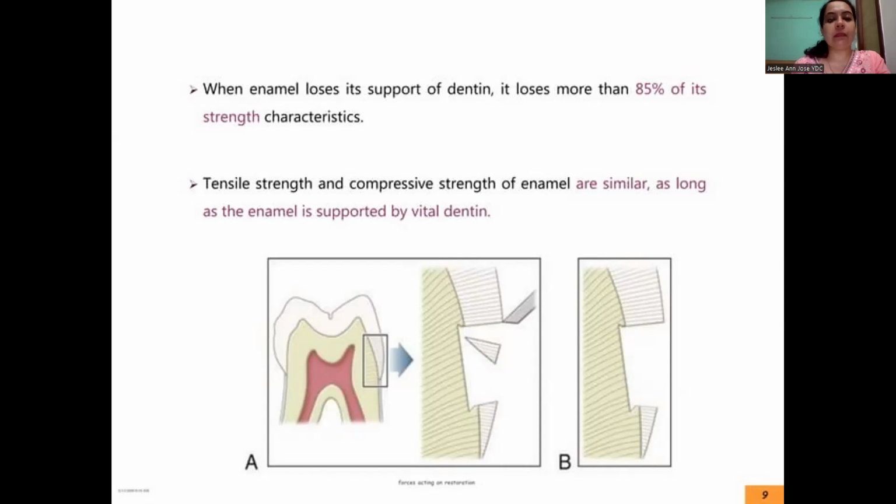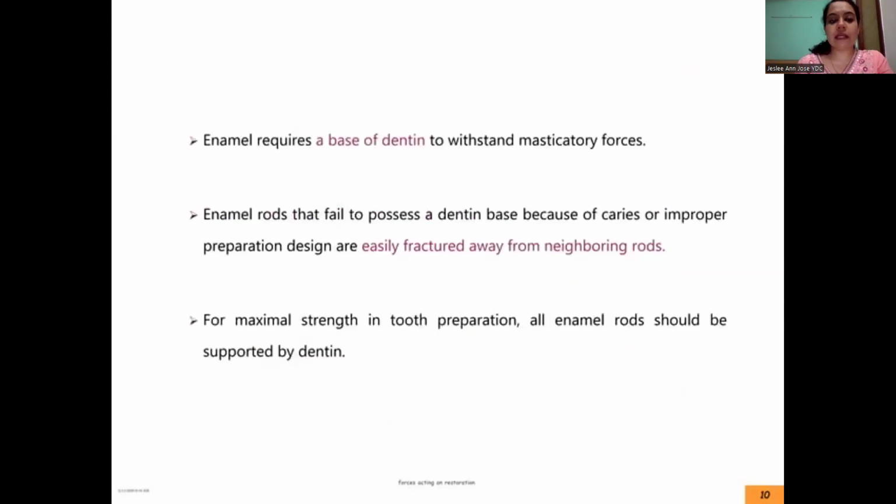When the enamel loses this support of the dentine beneath it, it loses almost 85% of its strength. So as long as the enamel is supported by a vital dentine, the enamel is strong enough, or we can call it the hardest structure. The moment the enamel rods fail to possess a dentine base, there is going to be fracture of enamel.